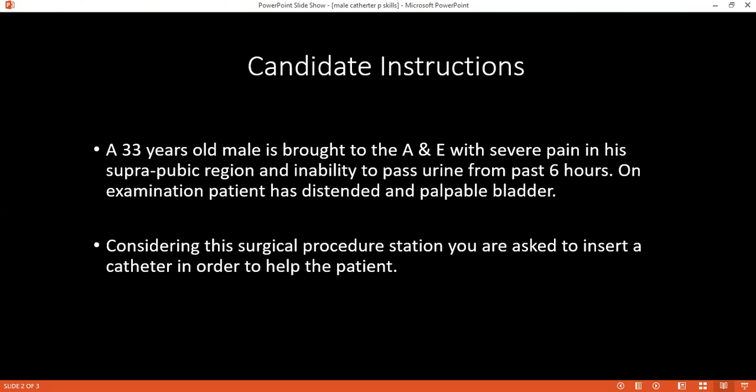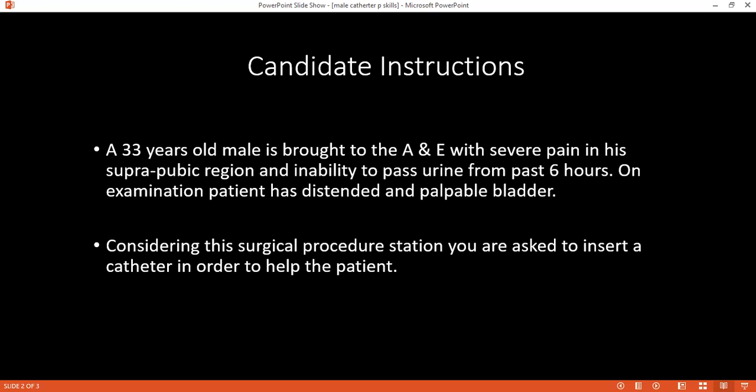Can you please tell me what you would do if no urine drains after catheterization? I will try to percuss the suprapubic region to see if the bladder is full. I can also apply pressure in the suprapubic region, or I can aspirate with a syringe. First you apply suprapubic pressure alone.